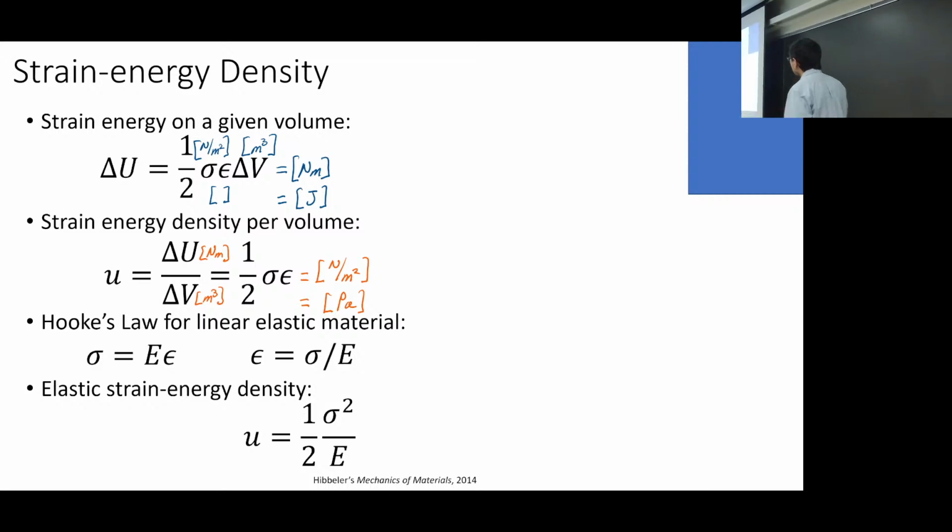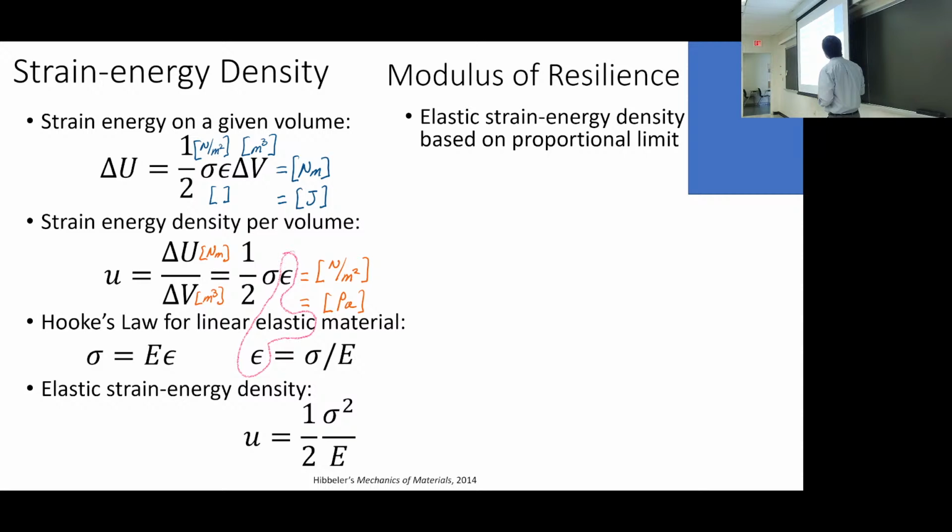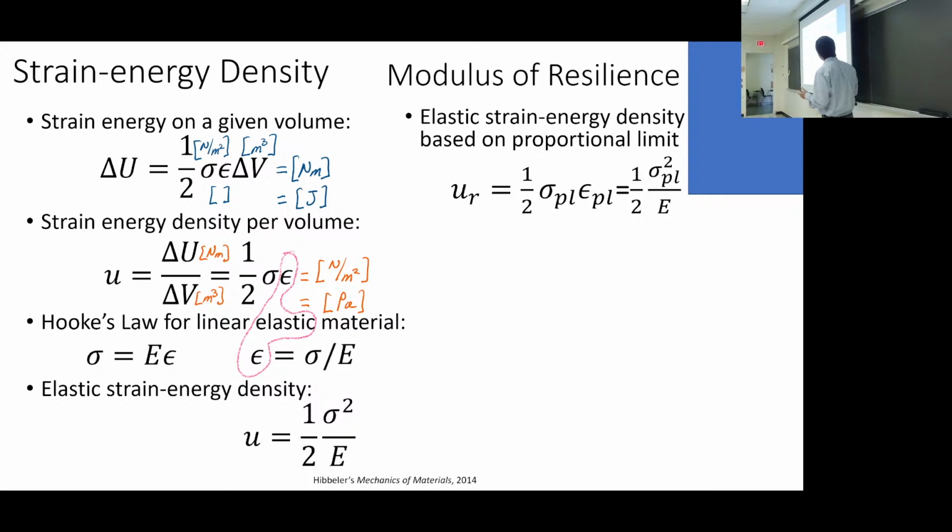Now, what does this quantity mean in terms of a stress strain plot? Well, I said we don't care about proportional limits so much, and we don't. So we'll normally just substitute sigma y and epsilon y here.